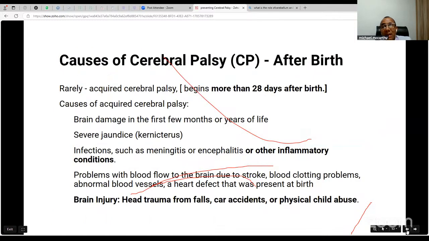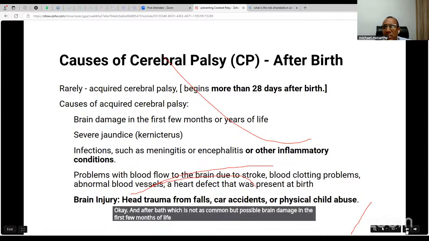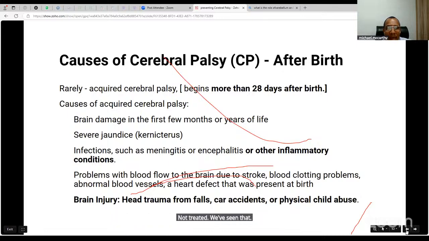Okay, and after birth, which is not as common but possible, brain damage in the first few months of life, severe jaundice, not treated, we've seen that. Infections of the brain, meningitis, encephalitis could also cause this.